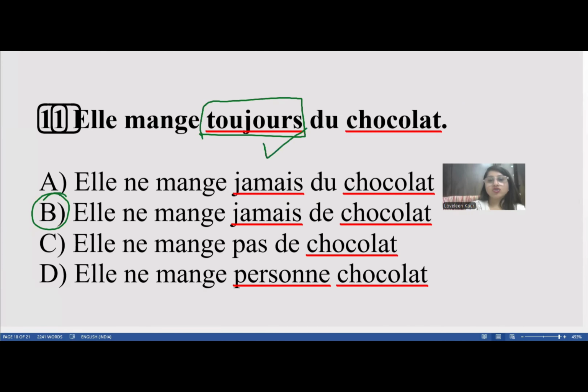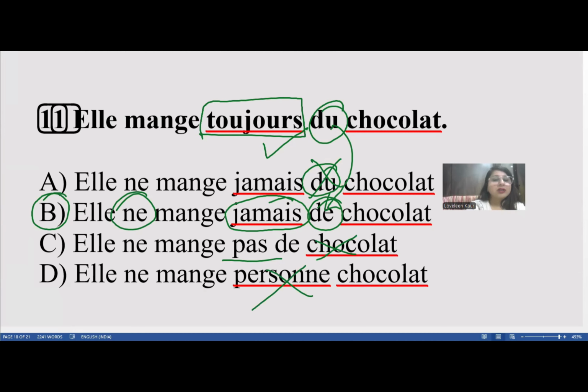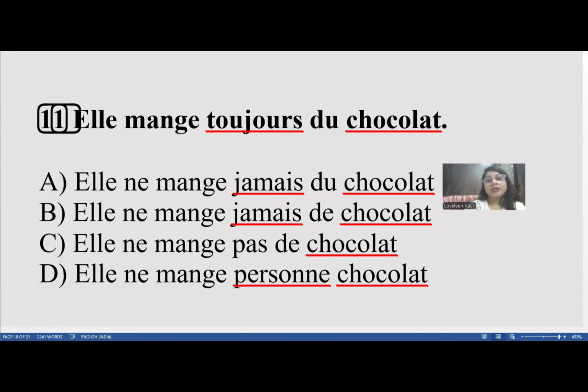They used the word toujours, that is always, so it will change to ne and jamais around the verb, and du will change to de, right? The first option will not come because they haven't changed du to de. Elle ne mange pas de chocolat is a normal negative sentence. We want to change to jamais also, so it will not come. The last is a weird option. So definitely B option is the appropriate answer.